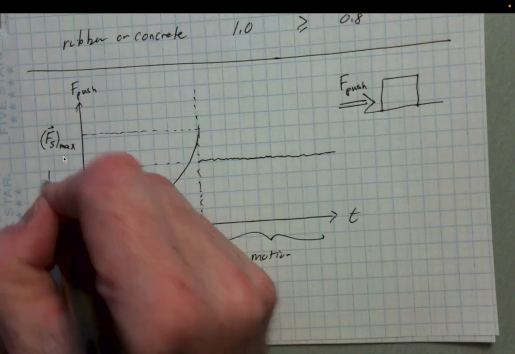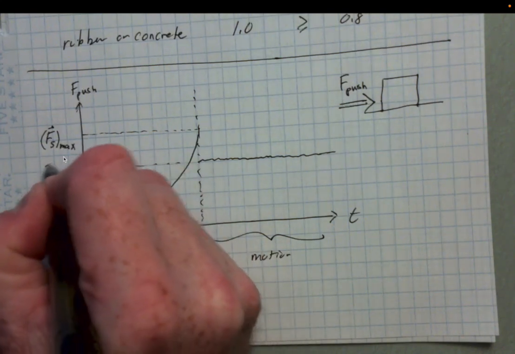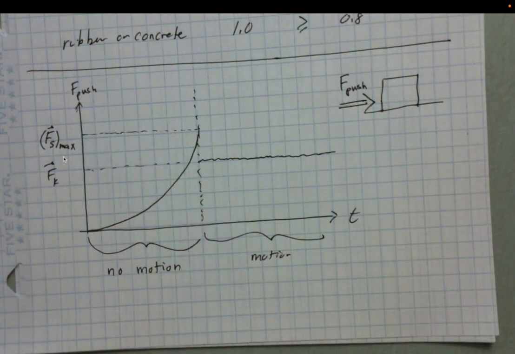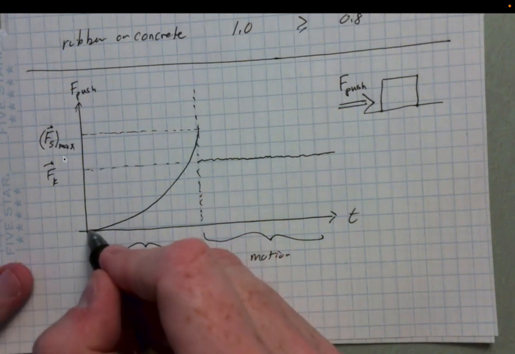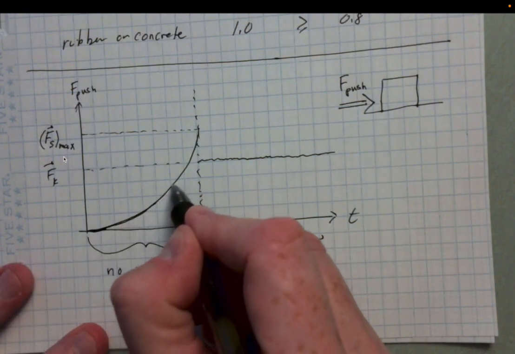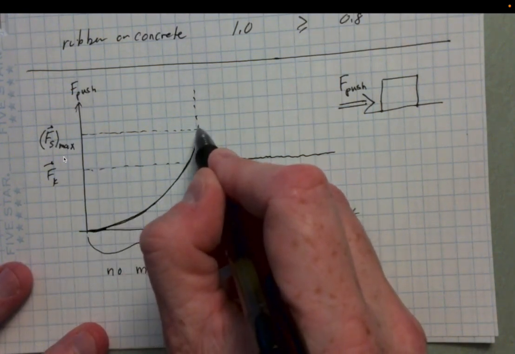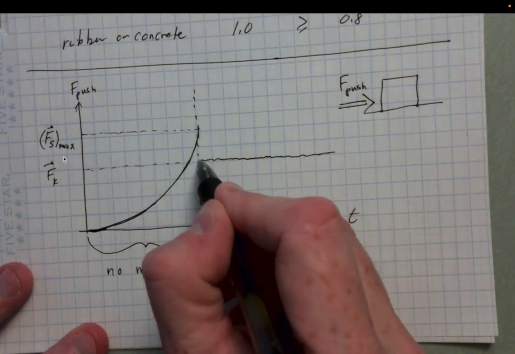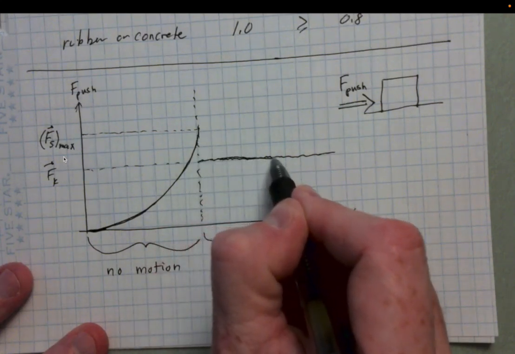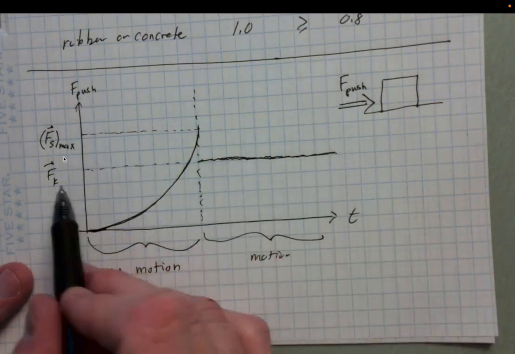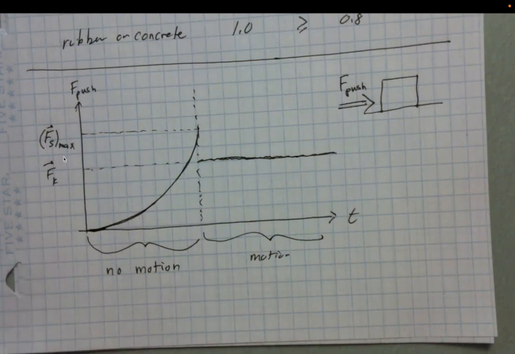Well, that is the kinetic friction force. So the object is not moving, the pushing force increases, it hits a certain point, and then it jars the item loose, and then the object moves with a different friction force. And that's exactly how this works.